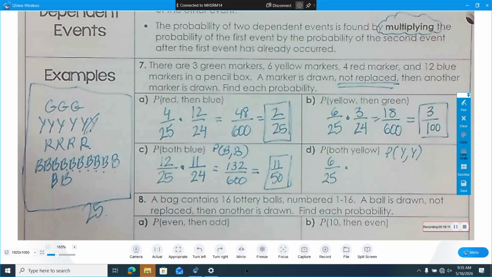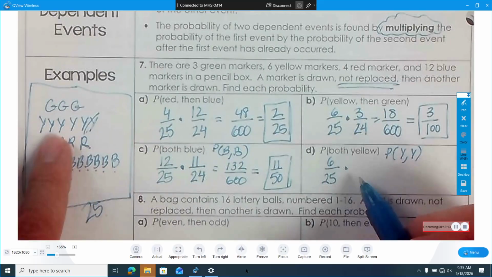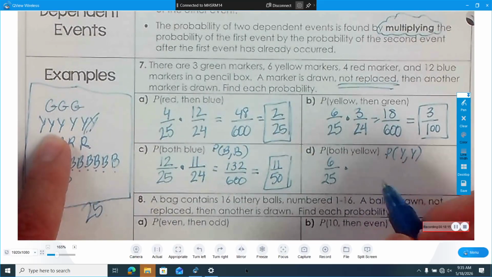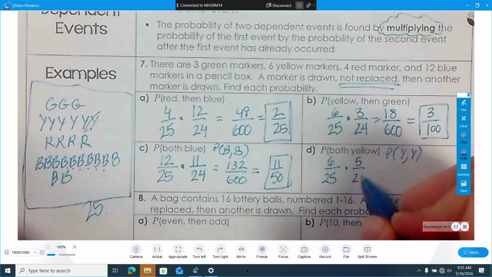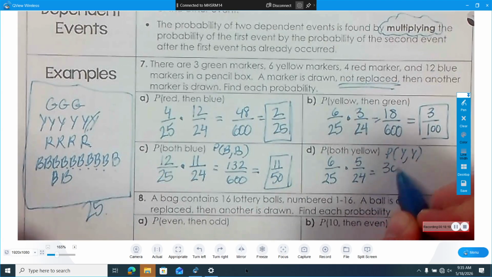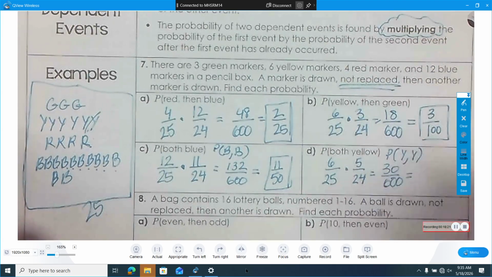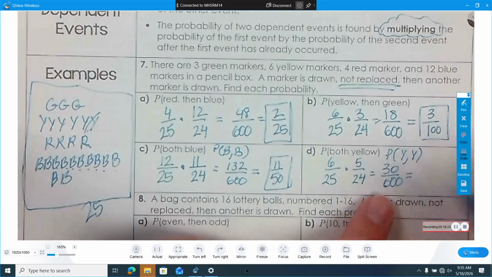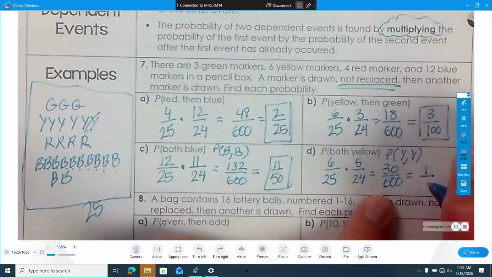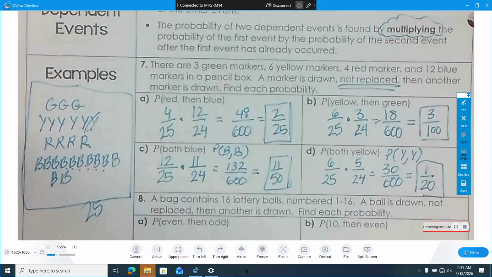So one of my yellows is gone. Now, what's the probability of getting a yellow again? 5 out of 24. Very good. That's 30 out of 600. And I can divide each of those by 30. What is that, 1 out of 20? Yeah, look at that.